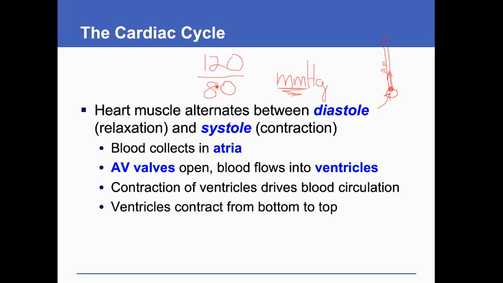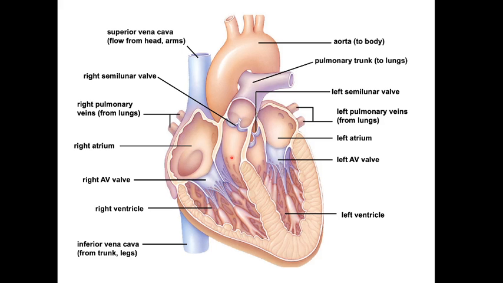So, what happens in this cardiac cycle? The heart muscle is contracting and relaxing. The blood, of course, is collecting in the atria. It's returning to the right atrium from your head and arms and from your legs and torso. It's collecting in the left atrium, coming back from your left lung and from your right lung.